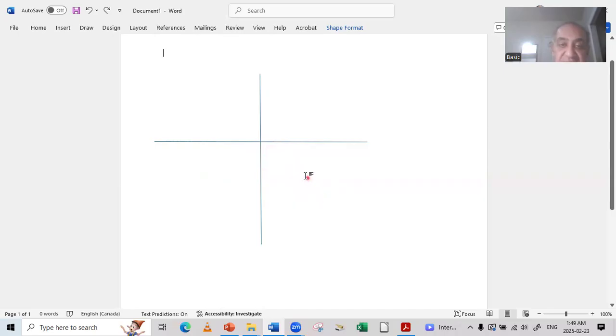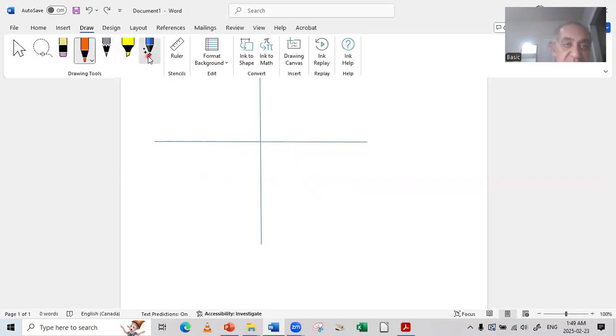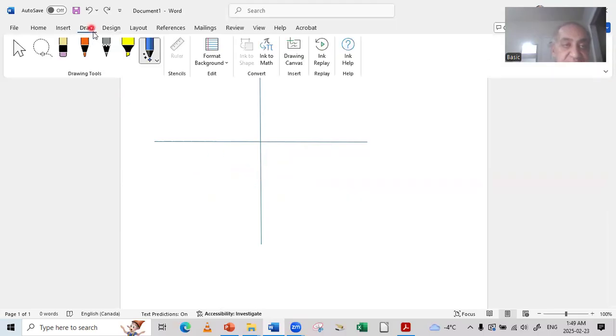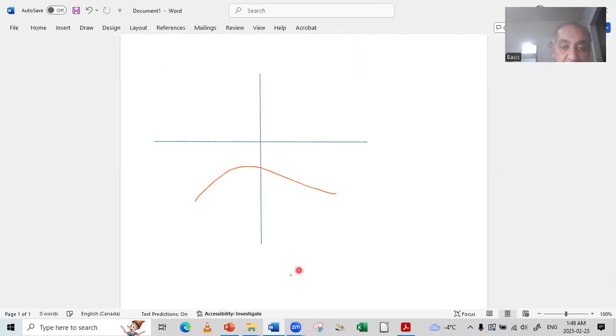If it was like that way, then it didn't cut the x-axis at all.